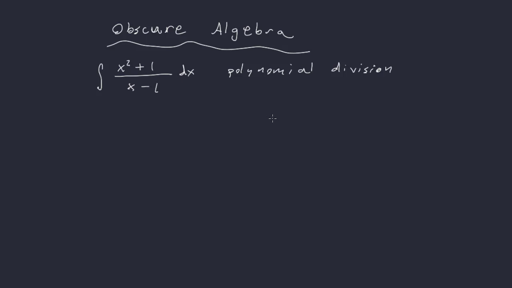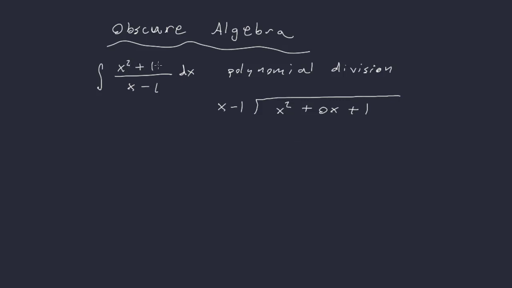Actually, I have a video on my YouTube that goes over this with a lot more examples, in the pre-cal section, on polynomial division, synthetic division, and whatnot. But if you don't remember that, you can set up a division just like you normally would with numbers. You just have x's instead, right? The only thing you need to make sure you do is put in zeros for things that are missing.